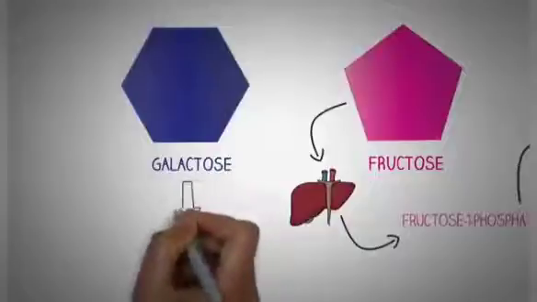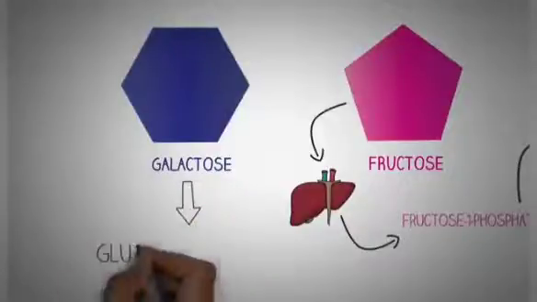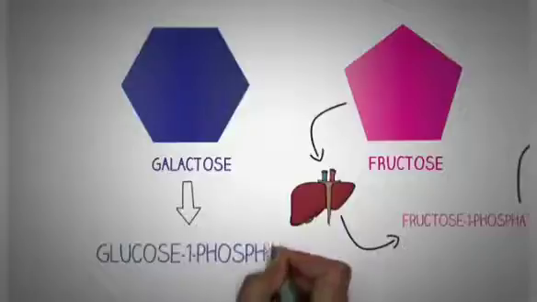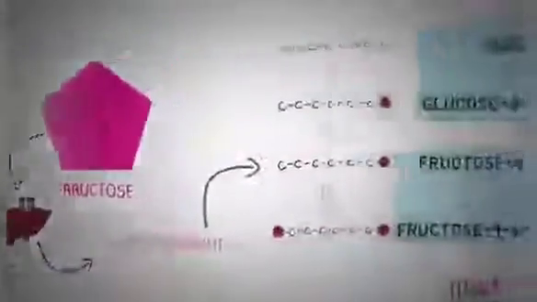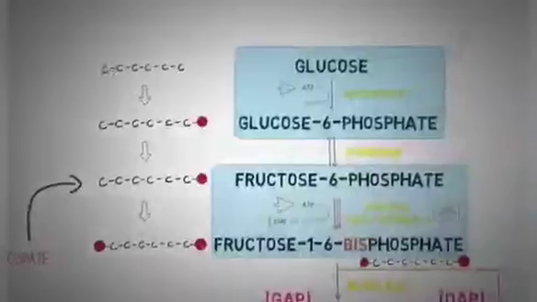Galactose is converted to glucose 1-phosphate through a series of 4 reactions. The glucose 1-phosphate is then converted into glucose 6-phosphate by a mutase, which enters the pathway of glycolysis here.